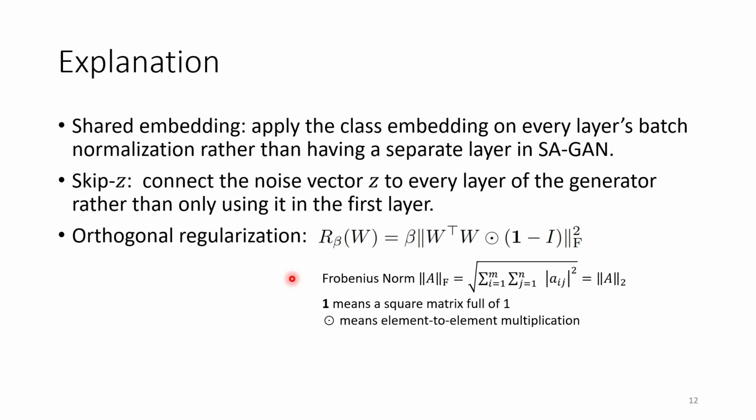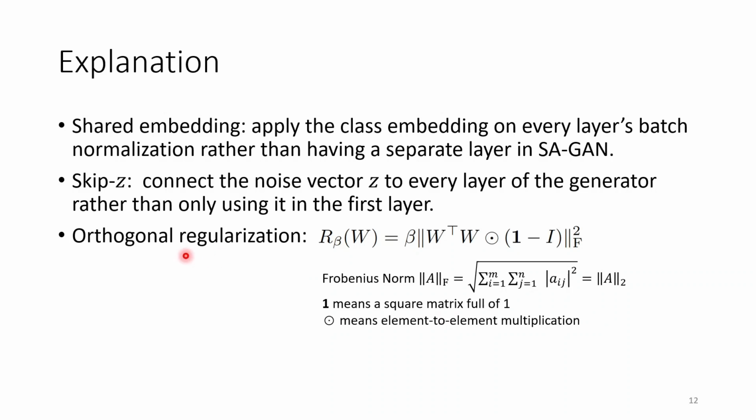For example, if I don't want them too large, then I may apply a one-norm or two-norm regularization term, so that part of the loss is the reconstruction error, and part of the loss is the regularization term. So it is a balance between the reconstruction error and the regularization term.